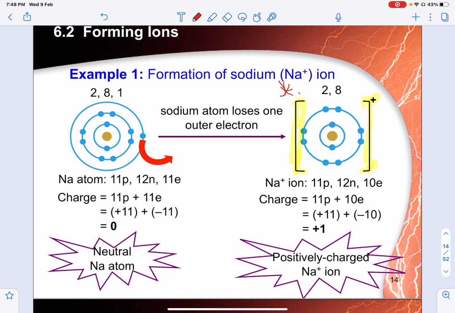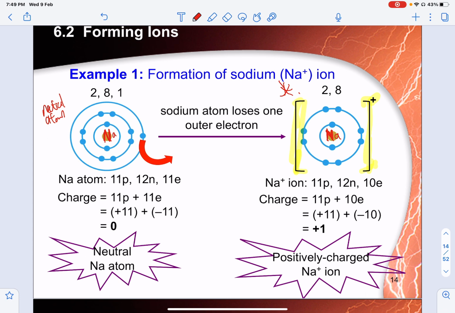So what we can see here is that in the middle, we always tend to write the symbol of the atom that we are talking about. And by losing one outermost electron, this is the neutral one, we realize that you will be able to form an ion.